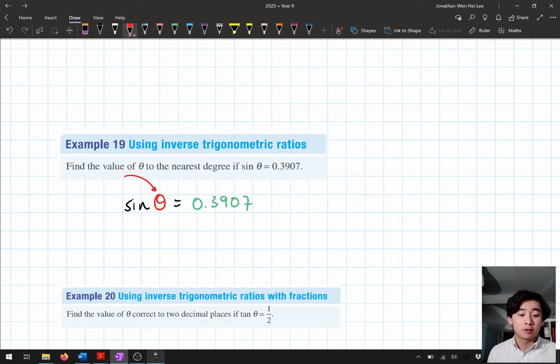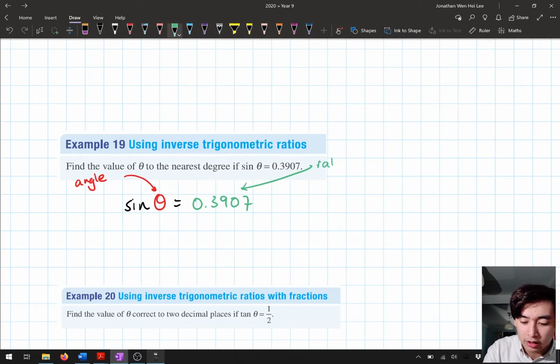I want to find that missing angle theta. This is an angle, but I don't have a ratio. Well, if you remember, we wrote ratios as a fraction, but you can also write ratios as a decimal as well. So this number here is my ratio, the decimal version of my fraction.